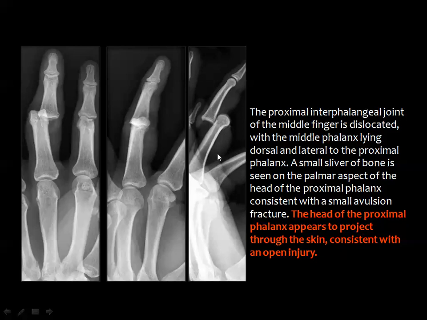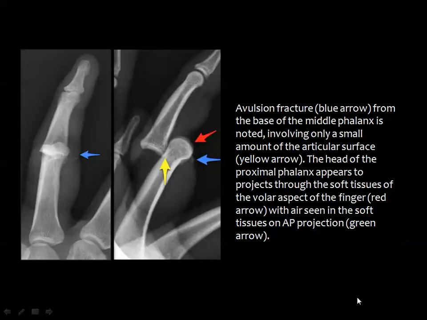And if you look carefully in the frontal view, you see there is some lateral displacement as well. The head of the phalanx seems as if it is protruding outside the confinement of the skin, meaning that it may represent an open injury.